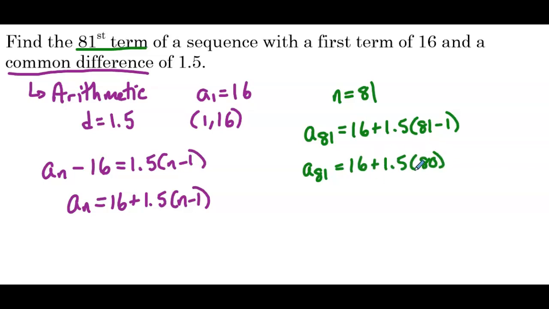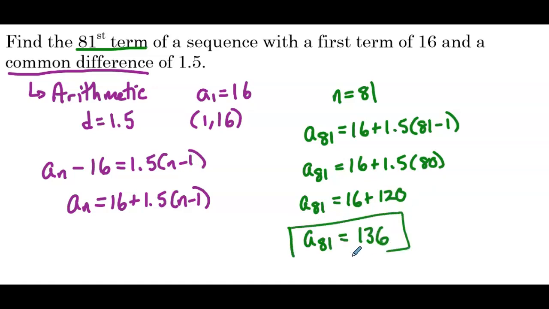Next, we're doing this multiplication here. So a sub 81 equals 16 plus 120. So the 81st term of this sequence is 136. Okay, so we wrote out the explicit formula first, then we plugged in 81 to find that 81st term.